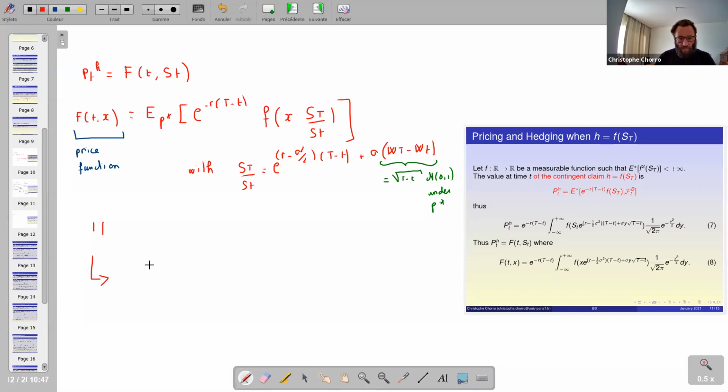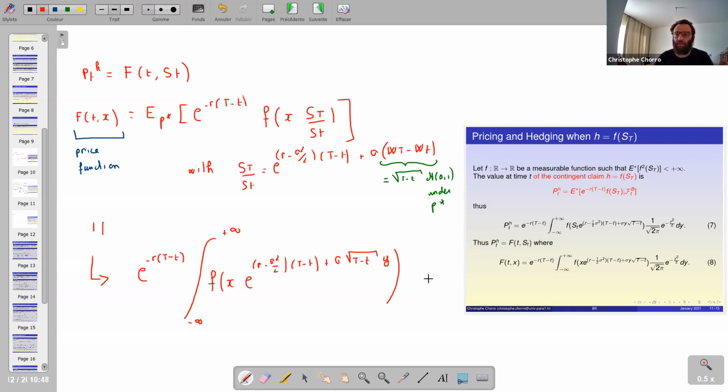So it is exponential minus R (capital T minus t) times the integral, with respect to the density of N(0,1), of f of x times exponential of (R minus sigma squared over 2)(capital T minus t) plus sigma square root of (capital T minus t) times y.